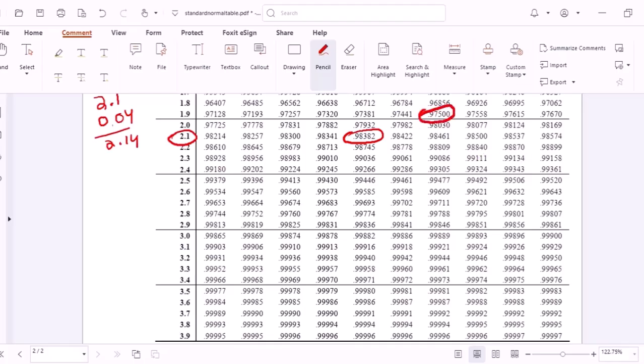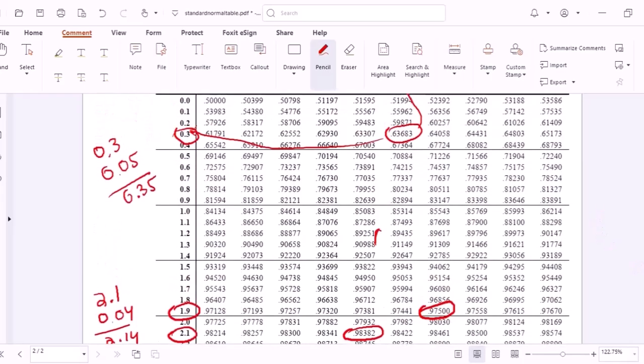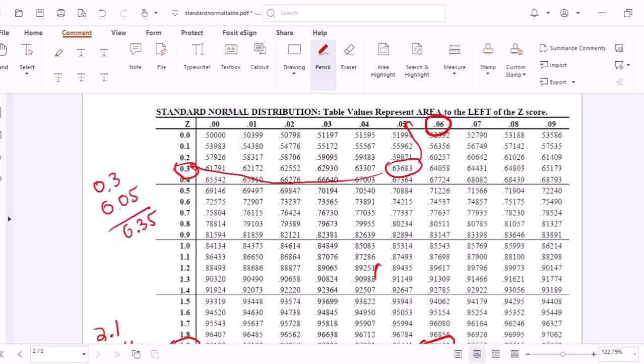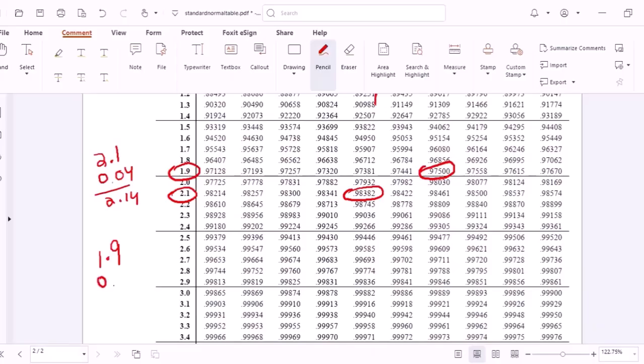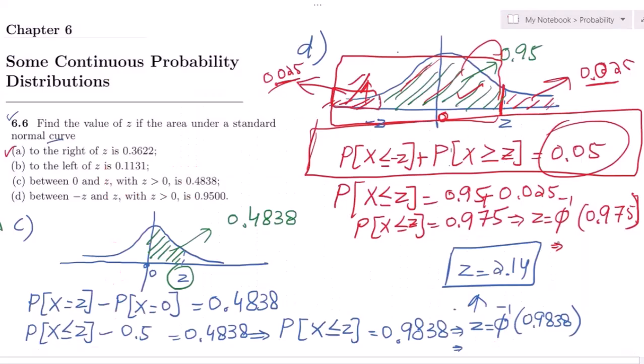This is the value, so it is here 1.9, and in the column it is 0.06. So 0.06, so it would be 1.96. So the answer for this z is what? Let me write it here. This is 1.96, and that is what?